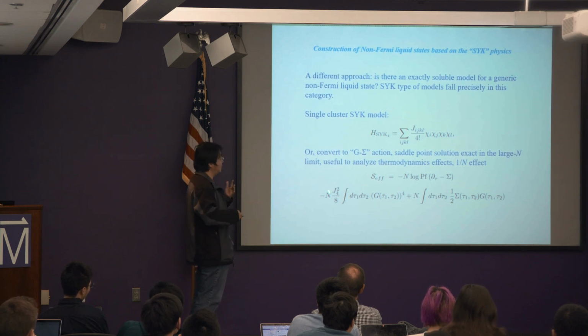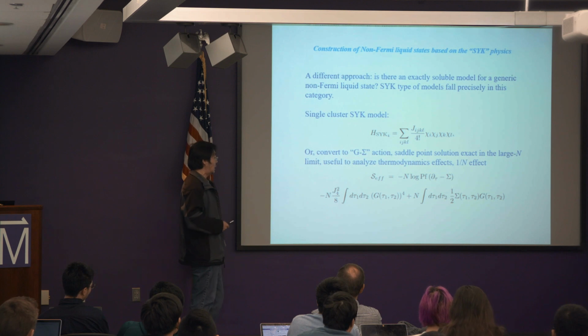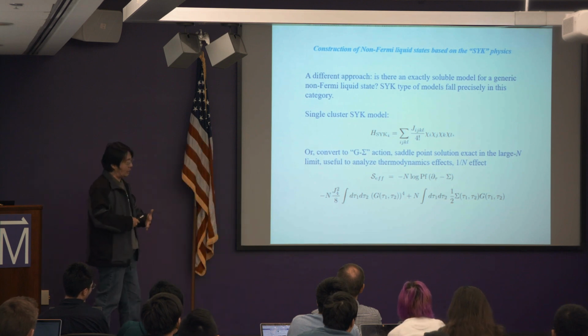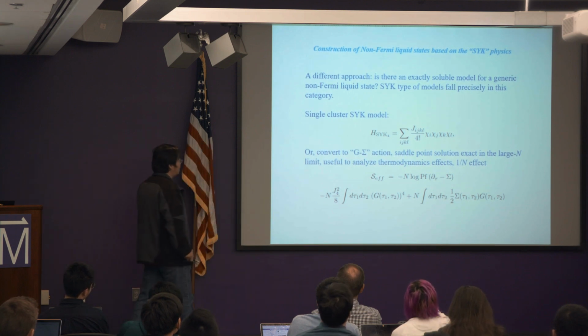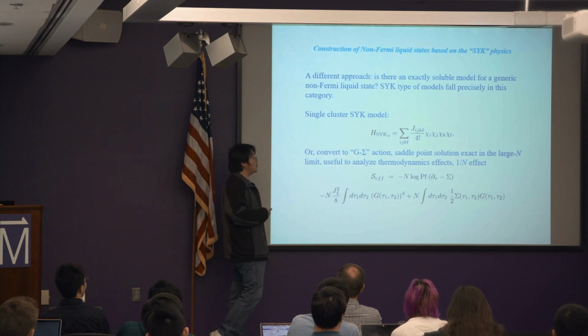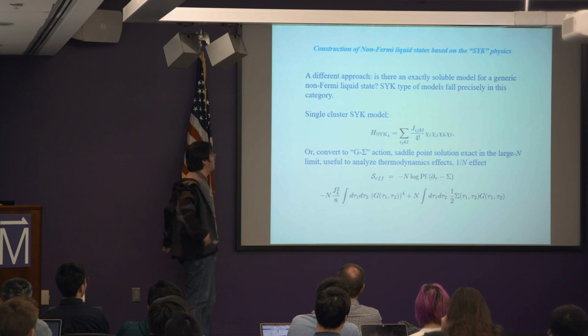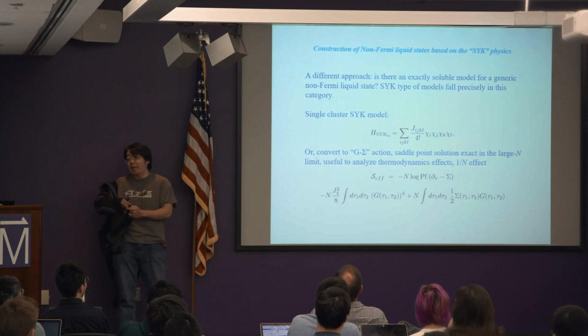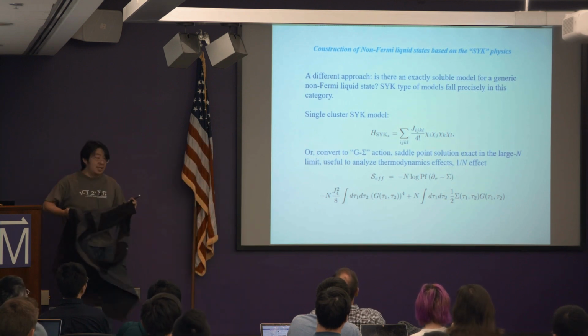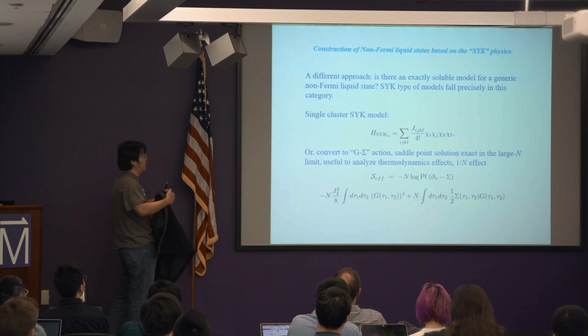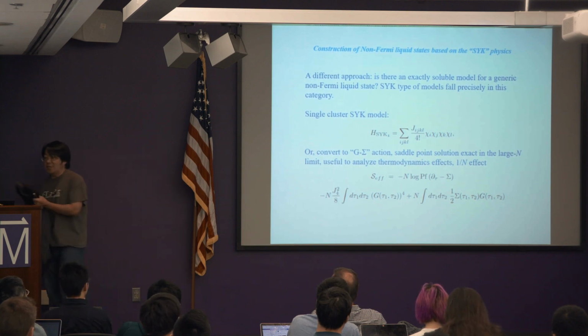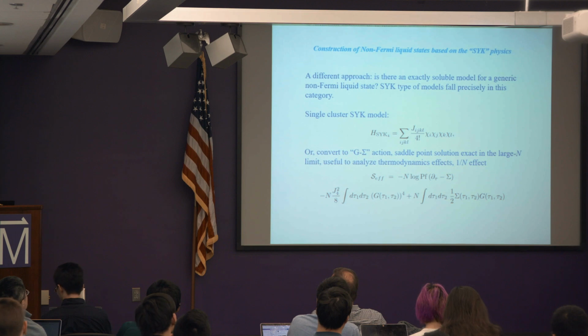So everything is going to be a bosonic field in this effective action. This is called a G sigma action, and it turns out that in the large N limit, the saddle point for this G sigma action is also exact.